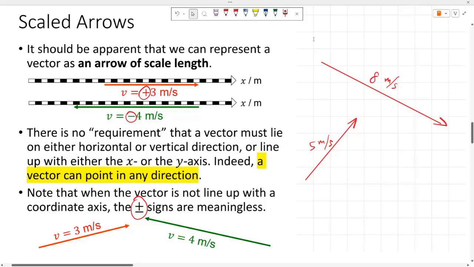So when the arrows we draw are pointing in all sorts of directions, like top right, bottom right, top left, don't ever bother with plus or minus signs. Simply put, you only get to take advantage of plus or minus signs when vector quantities are lined up with a particular coordinate axis.